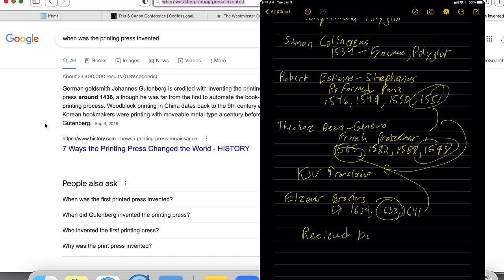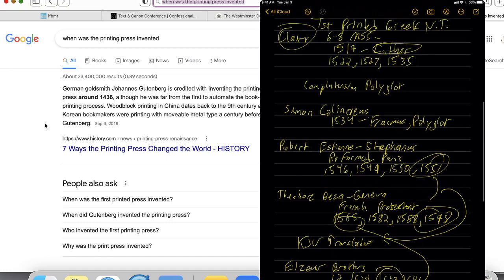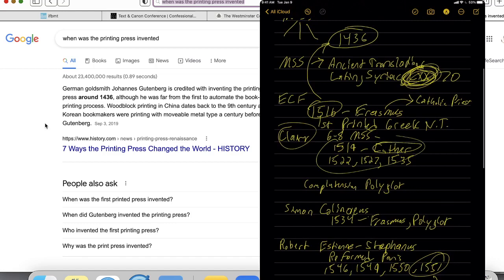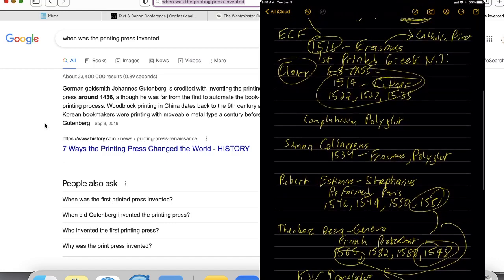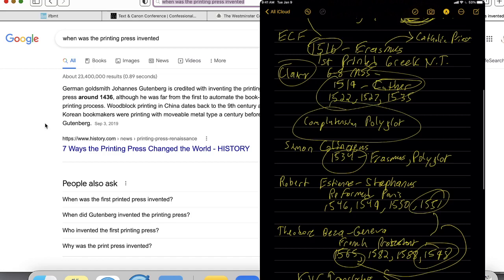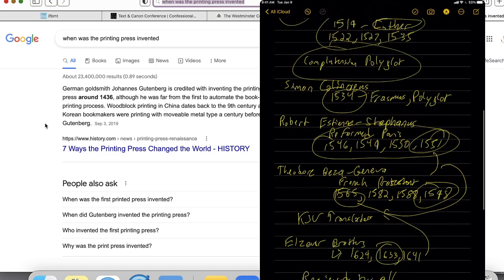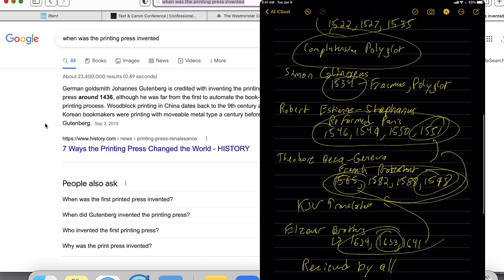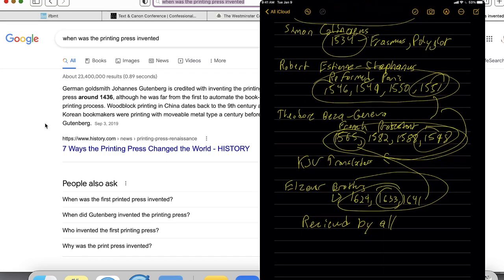you have here the text received by all. Okay, so all these different editions of Erasmus, of Simon Colinaeus, of the Complutensian Polyglot, of Robert Stephanus's editions, of Beza's editions, of the Elsevier editions, they're known as the TR, or the Textus Receptus, because this was the Greek text that was received by the Protestant churches.